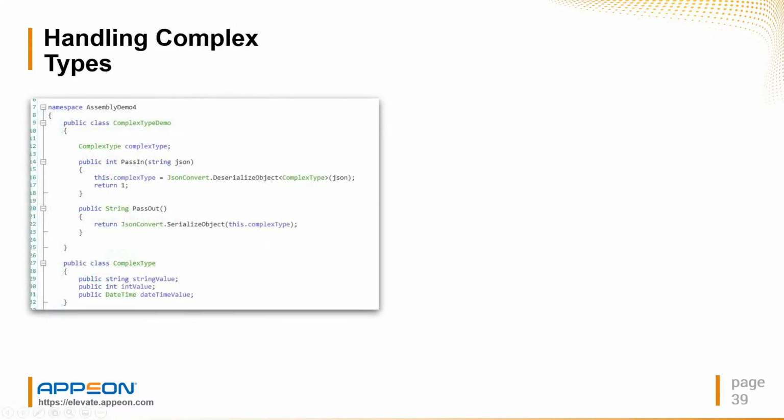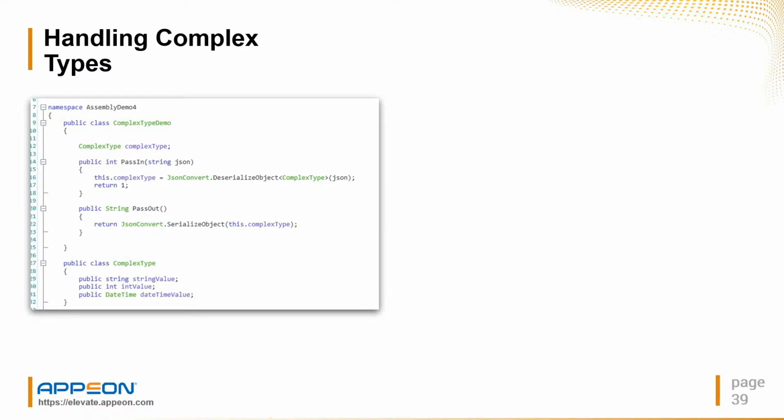And then finally, my third demo. I mentioned that structs are not supported, and passing object types into functions are not supported, which is somewhat limiting. But this is a way that you can handle that, so that you can pass complex data into a .NET assembly. The way I'm doing that here is I'm taking the complex data and converting it to JSON.